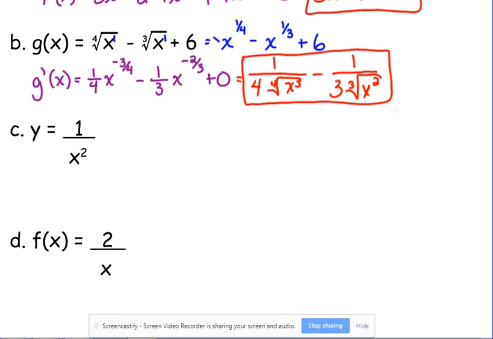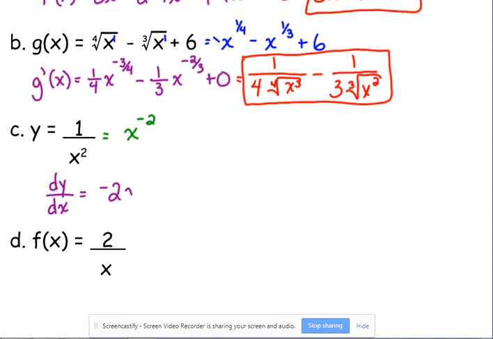All right. C. The key to C is this has to be in the numerator first. So we need to use negative exponents to move that x squared to the numerator. So this is really y equals x to the -2. Then we can apply the power rule, and I'm just trying to use some different notations for the derivative so we're familiar with them all.